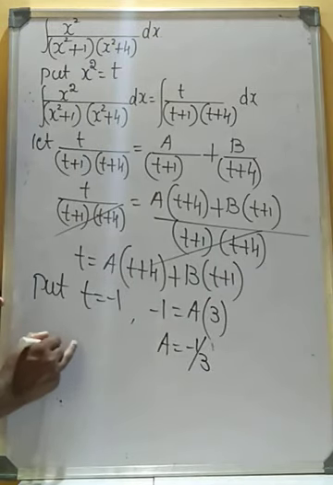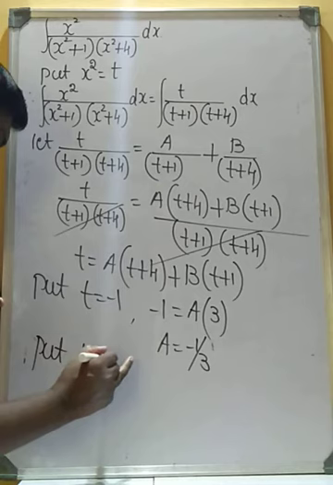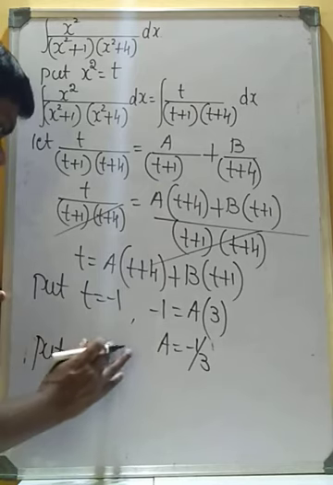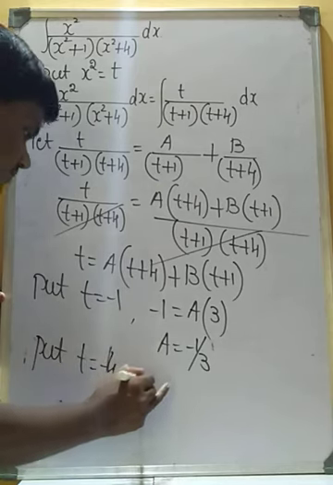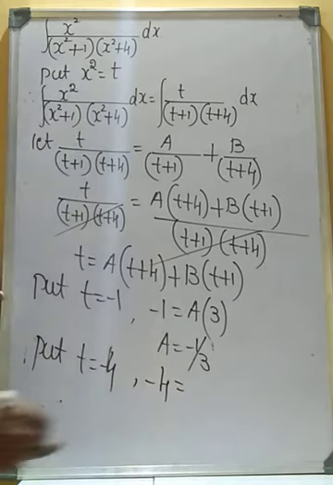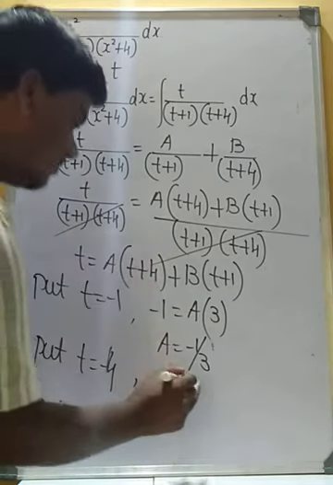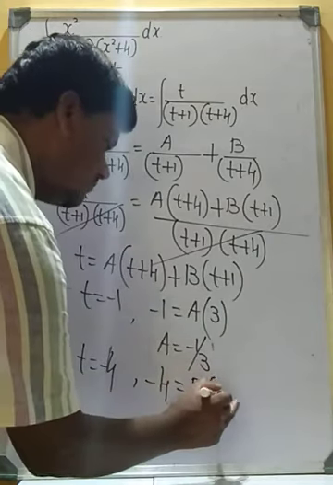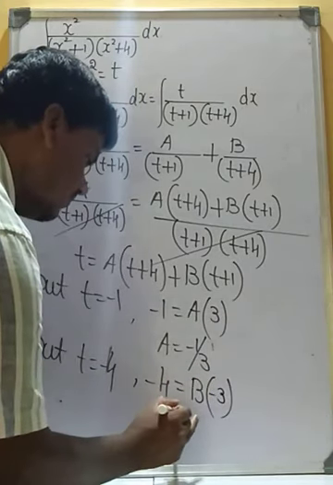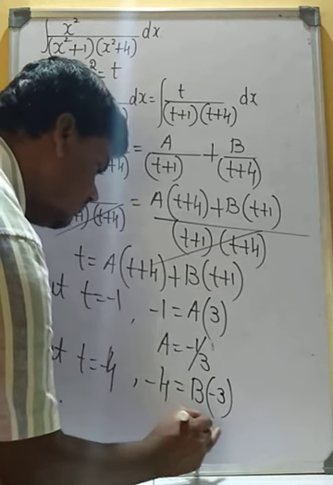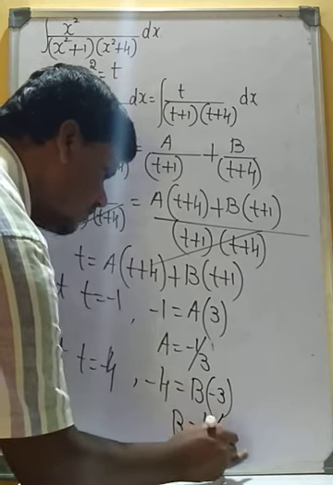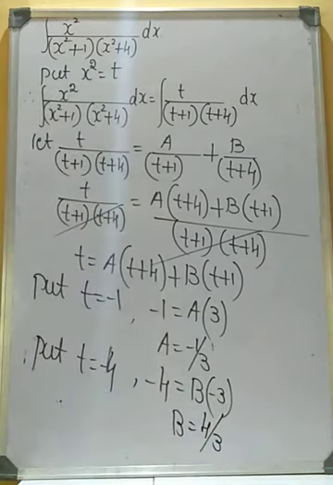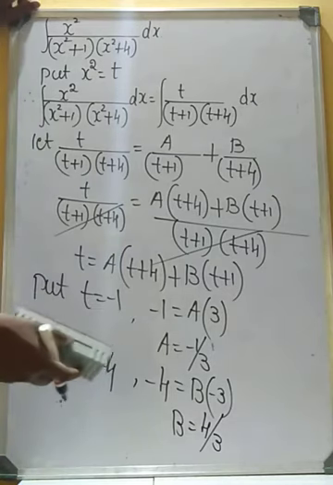And again put t equals minus 4. T is minus 4 is equal to first term 0, b into minus 4 plus 1 is minus 3. Therefore, b equals plus 4 dividing by 3. b is 4 by 3, a is minus 1 by 3.